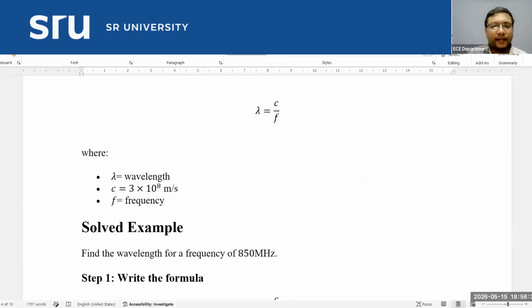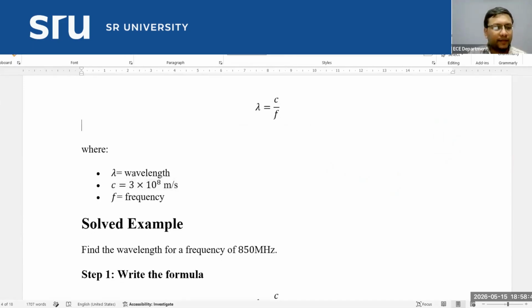We know that lambda is equal to c by f when the wave is propagating through free space. c is the speed of light or any electromagnetic signal through vacuum or air. As mobile telephony means there is an electromagnetic signal, we will be taking 3 into 10 to the power 8 meter per second.